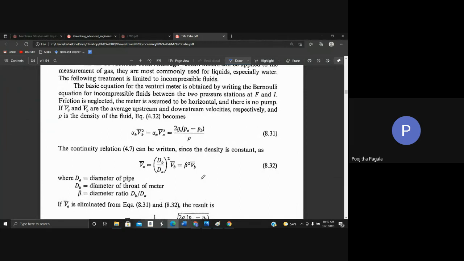So the Bernoulli equation actually is PA by rho G plus VA square by 2G plus ZA plus pump work is equal to PB by rho G plus VB square by 2G plus ZB plus losses, HF.